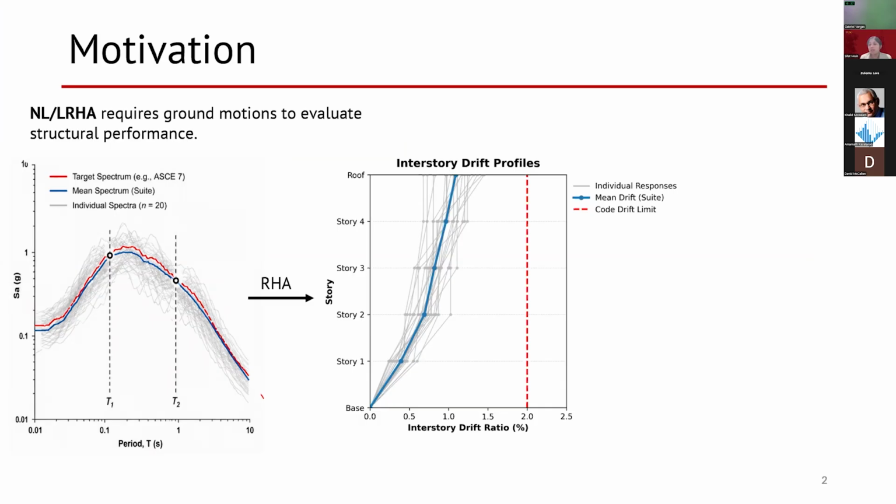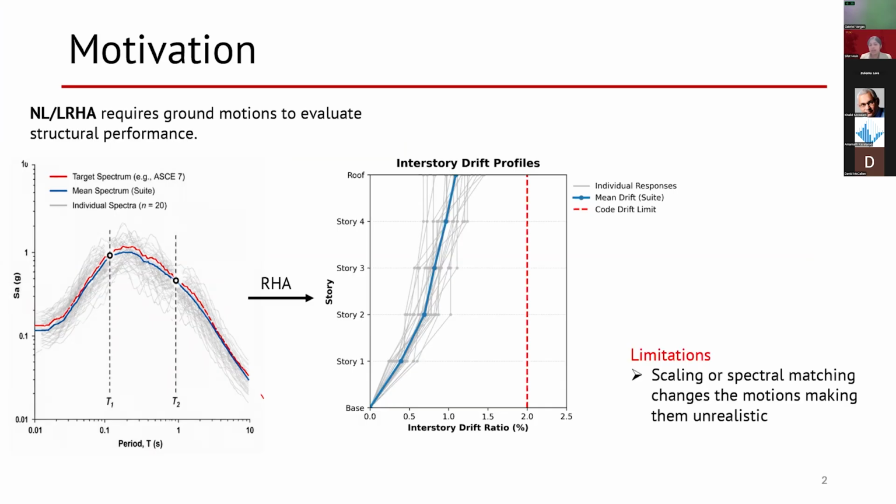However, as it has been mentioned over and over again, the main problem here is the scaling of the ground motions or the spectral matching, where we are changing a realistic ground motion into something unrealistic.